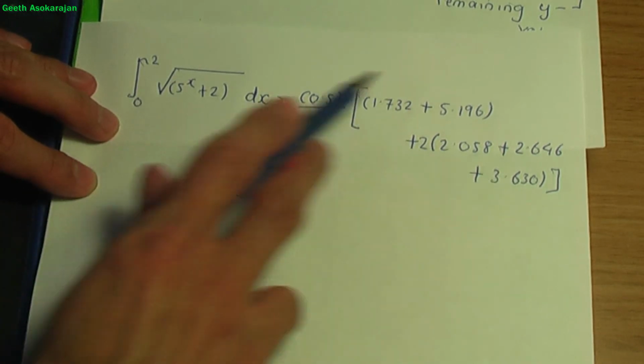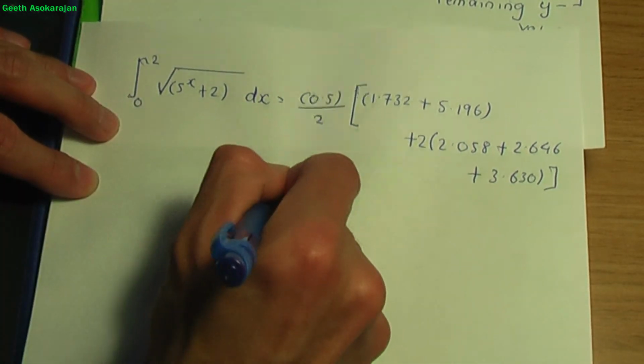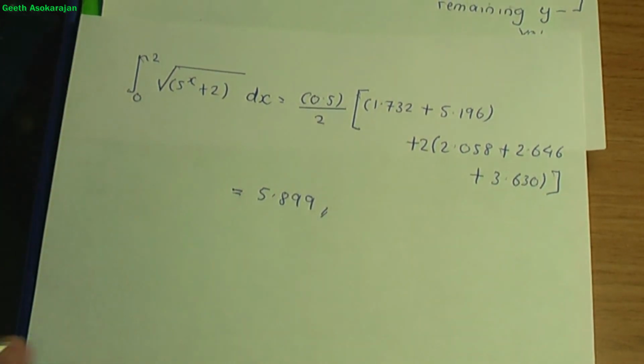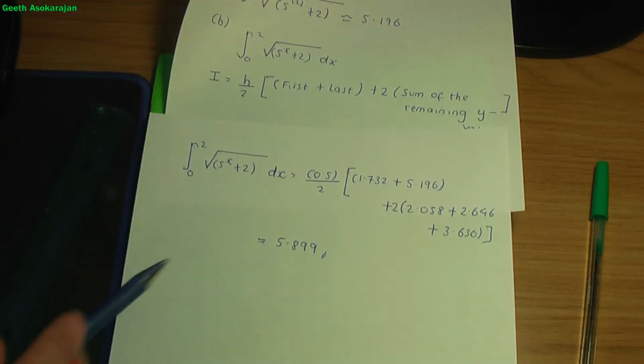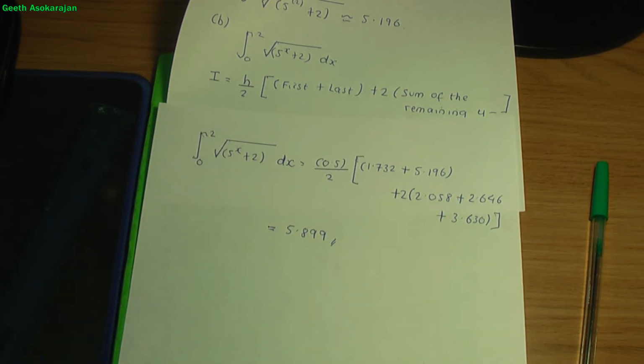So here are the values inputted from the table, and when we calculate this, you should get an answer of 5.899. So 5.899 is the approximate solution to this integral.